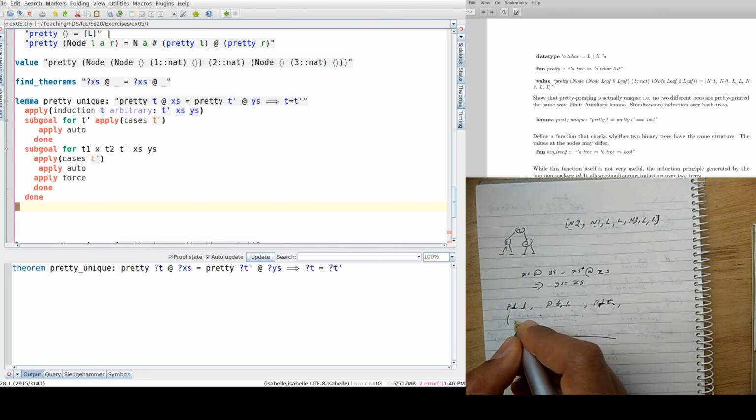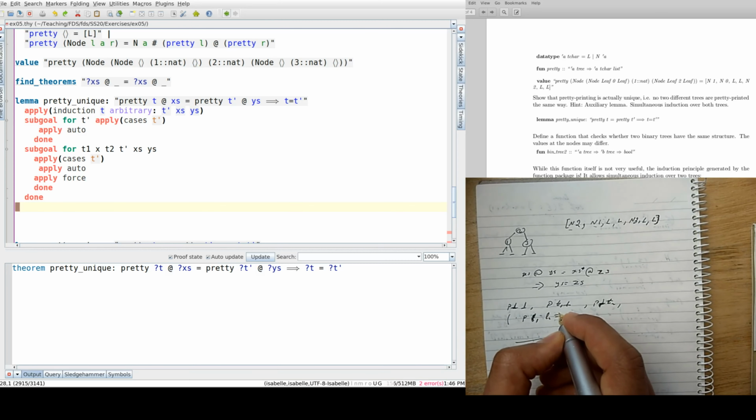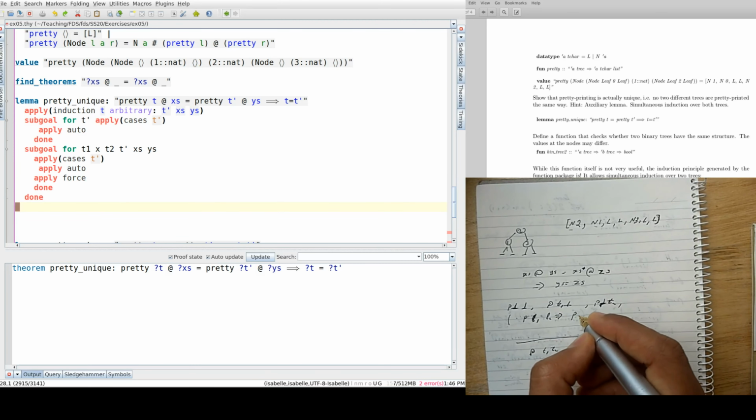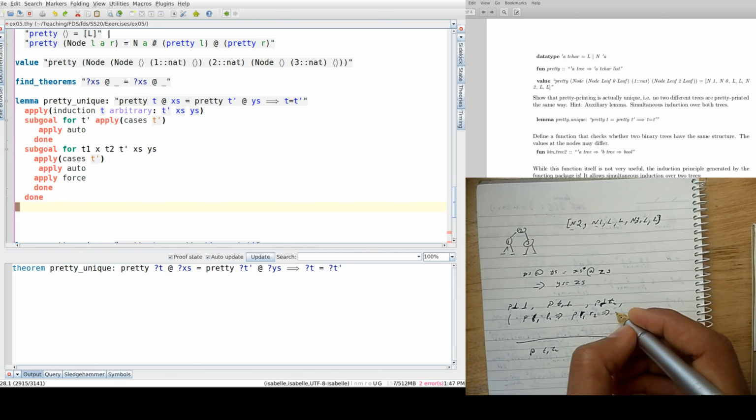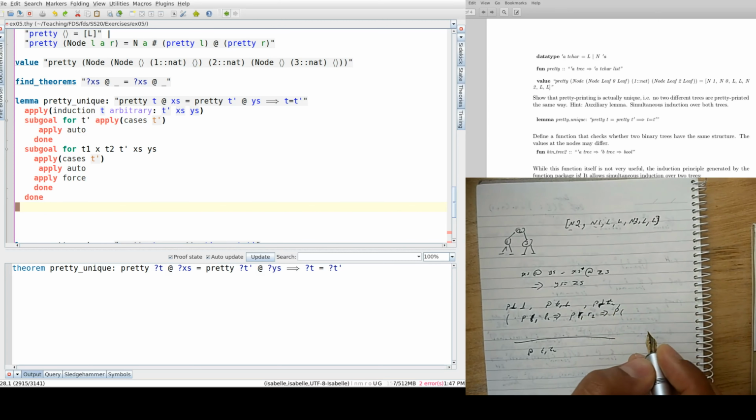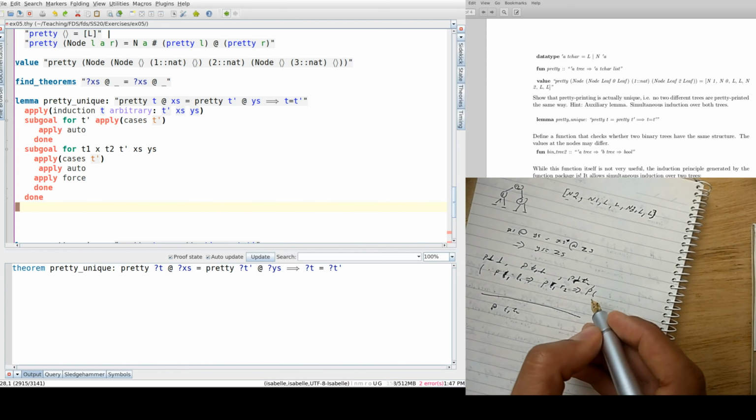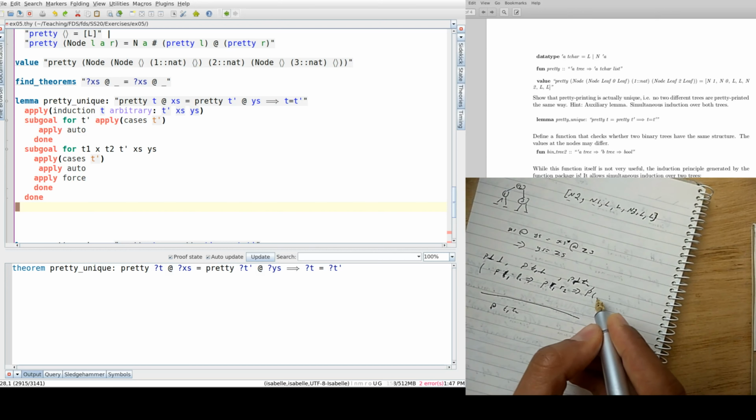to show that if you have an induction hypothesis that says P of the left-hand sides, okay, so let me just say L1 and L2, and another induction hypothesis that P of R1 and R2, then we have the predicate applying to the tree formed by L1, some A, and R1.